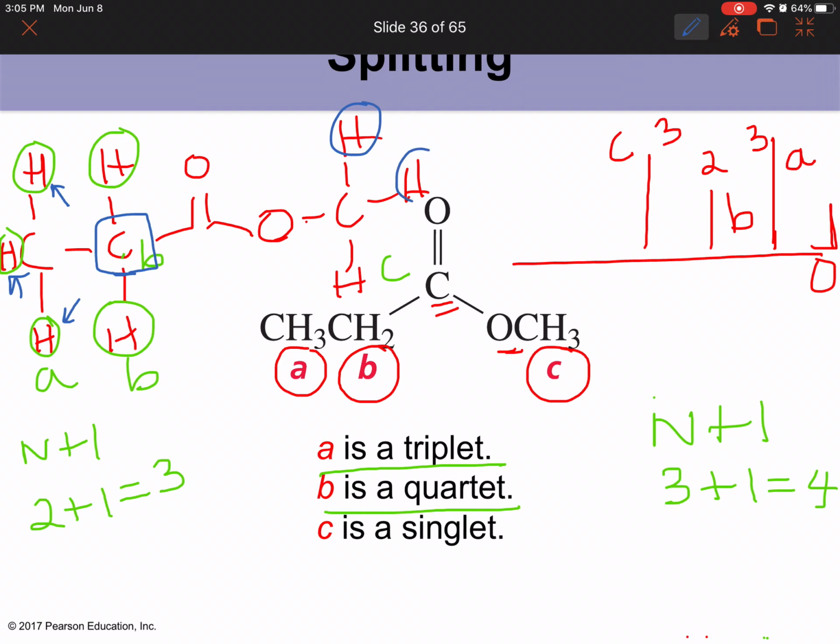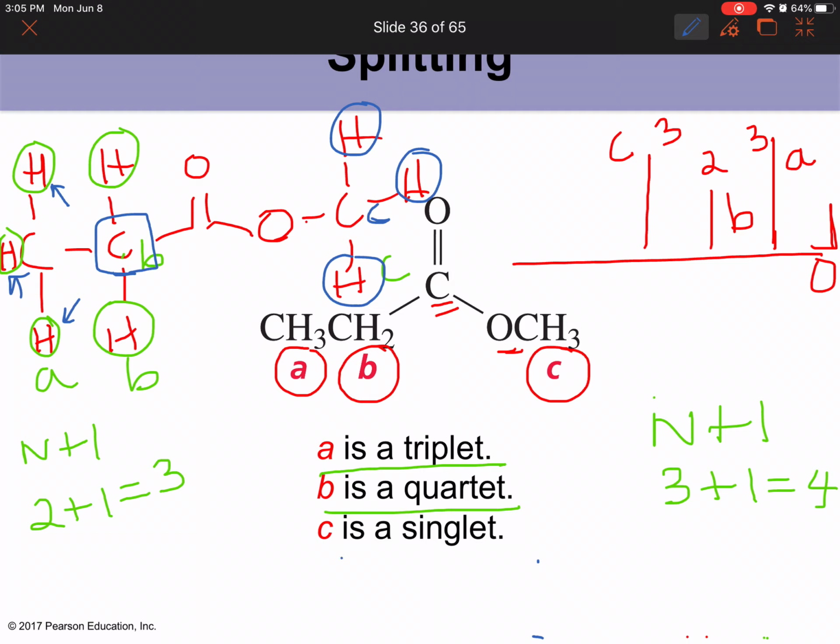So these are the C hydrogens. They are all chemically equivalent. There is no carbon next to carbon C. It's next to oxygen. It doesn't split through oxygen. It only splits through carbon. So because of that, there's nothing next to carbon C that would help those hydrogens split.